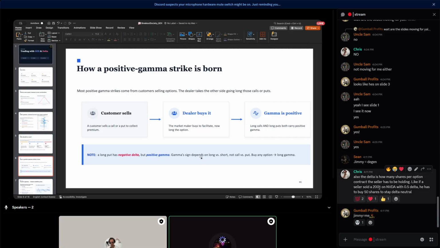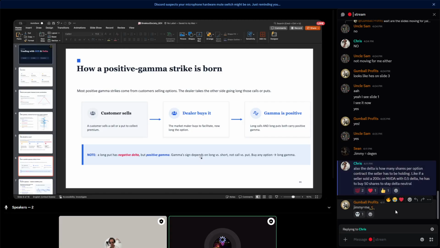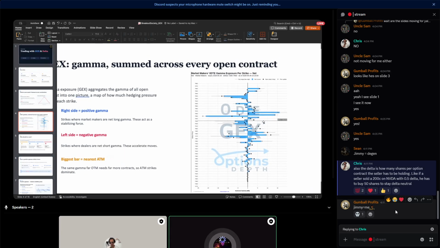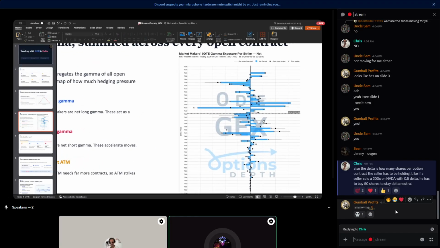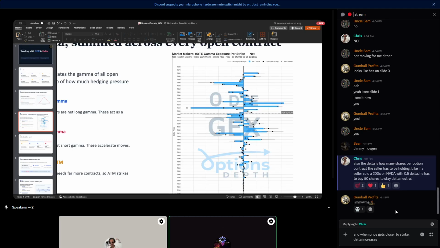And kind of something I was talking to Gumball about, this is why some of these tools also aren't very useful, because they are assuming that calls are bought and puts are sold. So essentially, if I imagine that calls are bought and puts are sold, let's say I'm trying to find an entry at 74.90 here. I think that SPX is going to break out above. I'm seeing it's compressed at the EMAs.